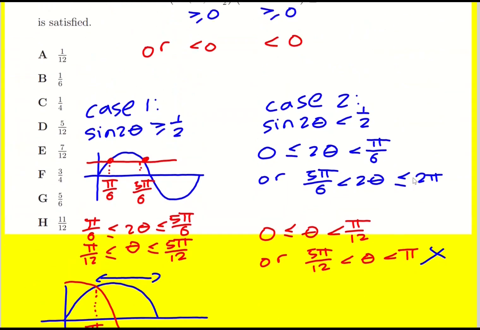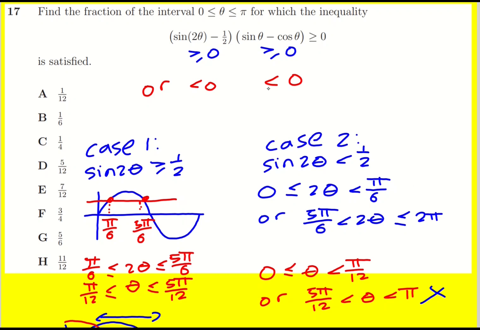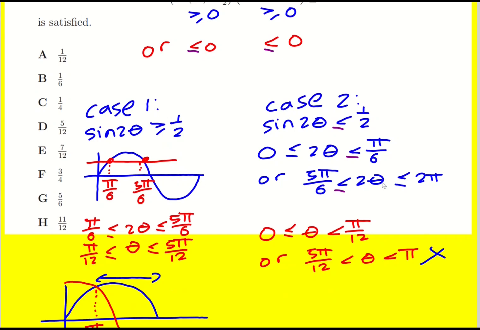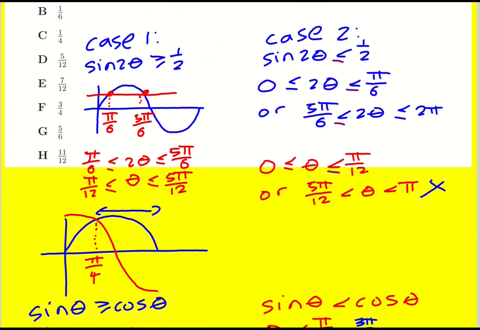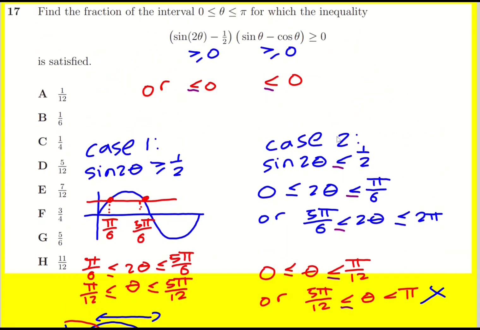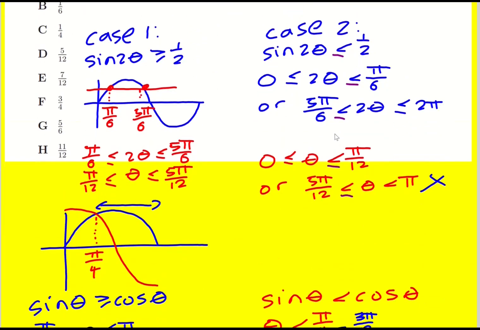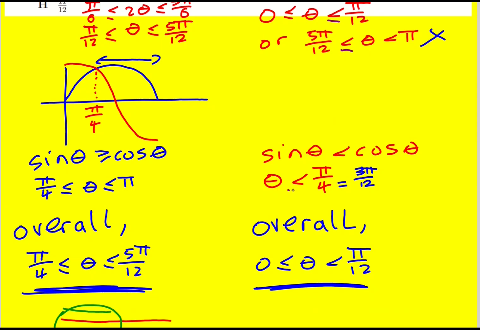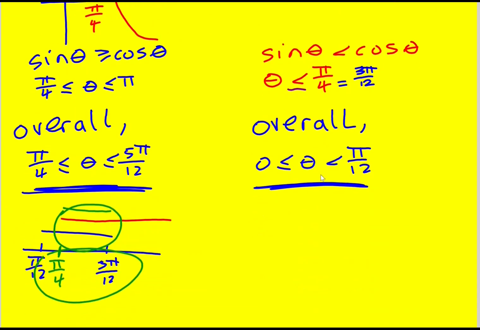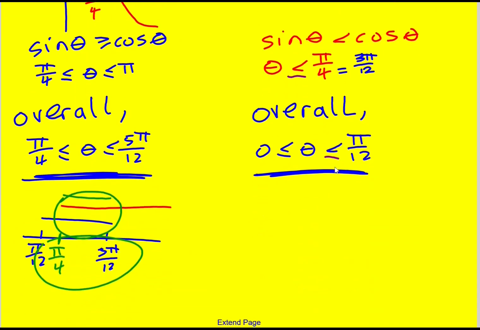I've got a feeling at this point it's not going to affect the answer, but I should have stuck with less than or equal to's here. So I'm just going to put them back in. Because we're interested in the fraction of the interval from 0 to pi for which these inequalities are true, it's not going to matter if I include these values or not, but technically I think that is how it should be.